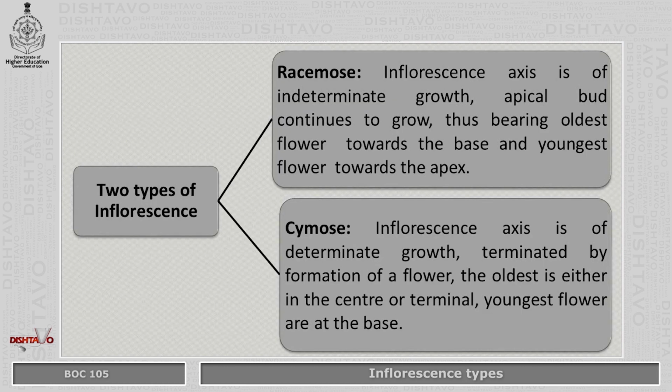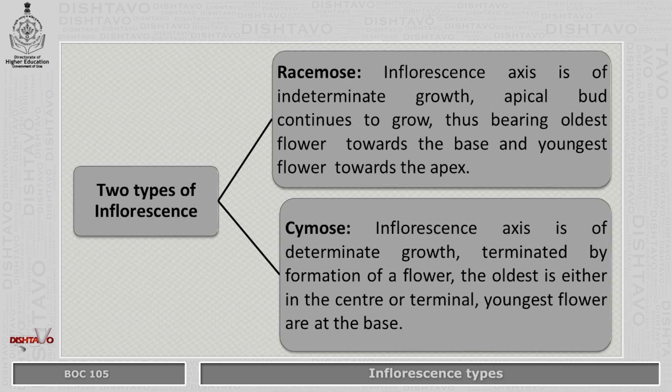There are two principal types of inflorescence. One is racemose, the other one is cymose. Racemose inflorescence is one in which the inflorescence axis is of indeterminate growth. The apical bud continues to grow, thus bearing the oldest flower towards the base and the youngest flower towards the apex.